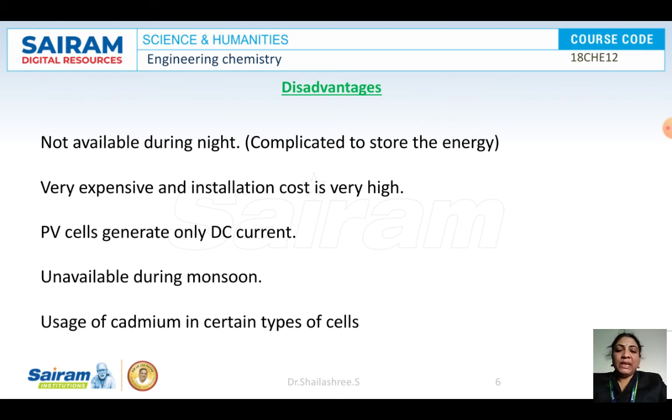The photons carry some amount of energy, given by E equals hc by lambda, where h is Planck's constant, c is the velocity of light, and lambda is the wavelength of light. When this energy falls on the solar cells, they absorb that energy, and then electron and hole pairs are generated.